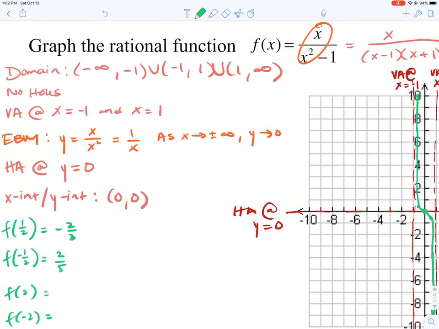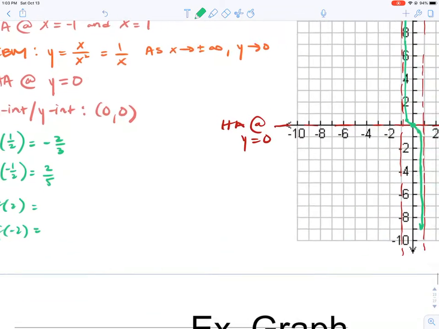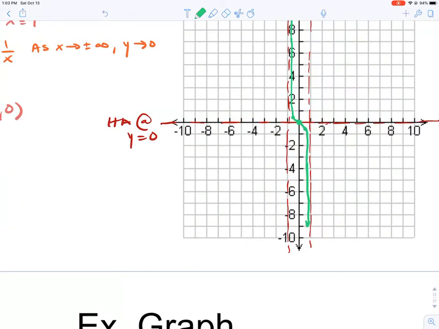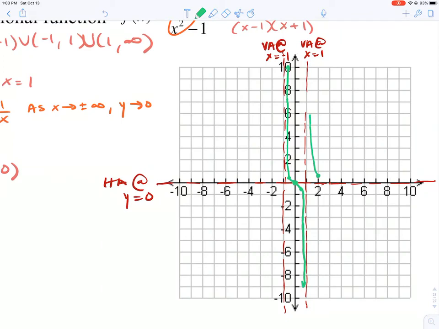So 2 divided by 4 minus 1, so 2/3. That tells me that this is probably going to be approaching like this, and I think that it's probably going to be approaching y equals 0 like that.